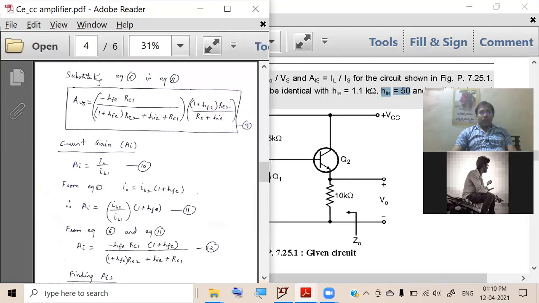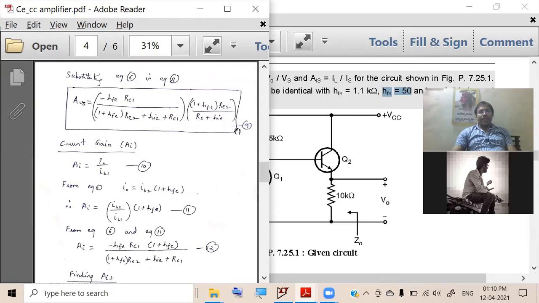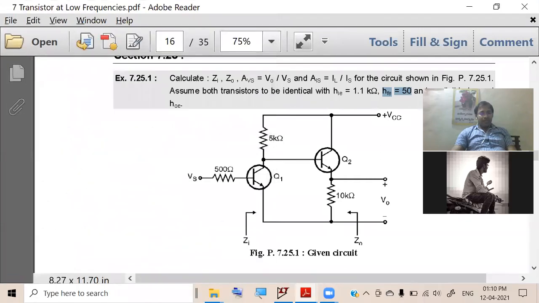RE2 is the emitter resistor of the second transistor, 10 kilo ohm. Next, HIE 1.1 kilo ohm. RC1 I already told you, RC1 is 5 kilo ohm.